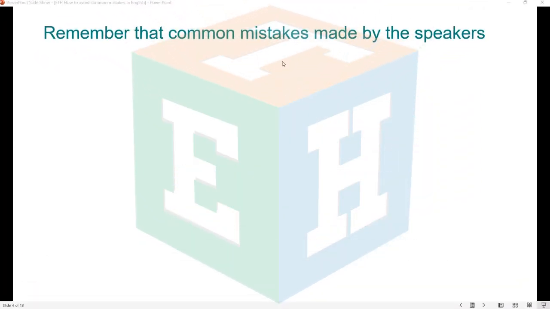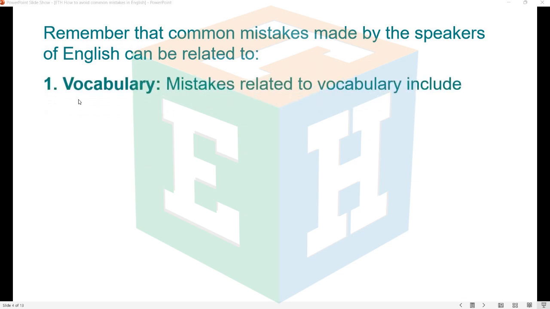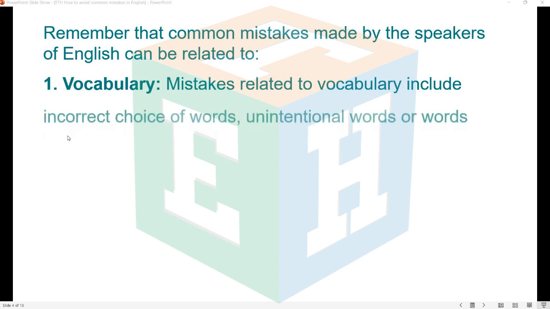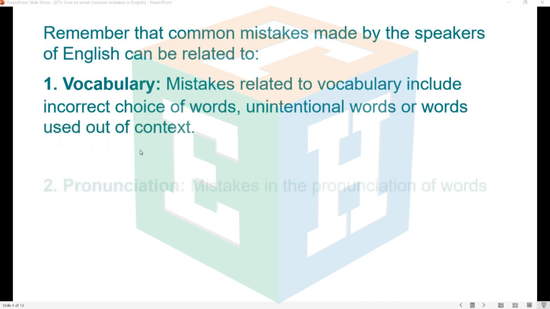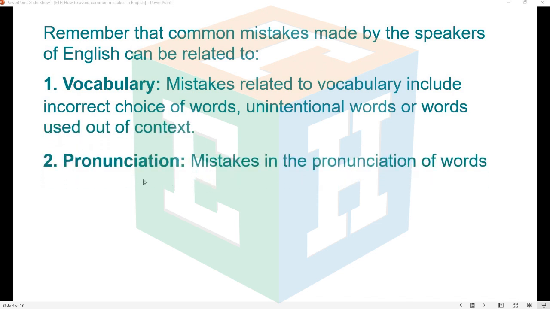Remember that common mistakes made by speakers of English can be related to: number 1, vocabulary. Mistakes related to vocabulary include incorrect choice of words, unintentional words or words used out of context. Number 2, pronunciation.